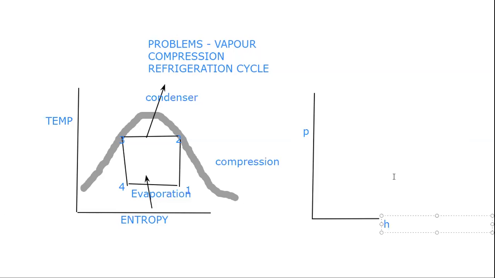H. If you represent the same processes on the pH diagram, how will it be? The first process is the compression process, so it will obviously be a curve. I'm going to draw some lines here. This is your one curve. You can see my screen now.